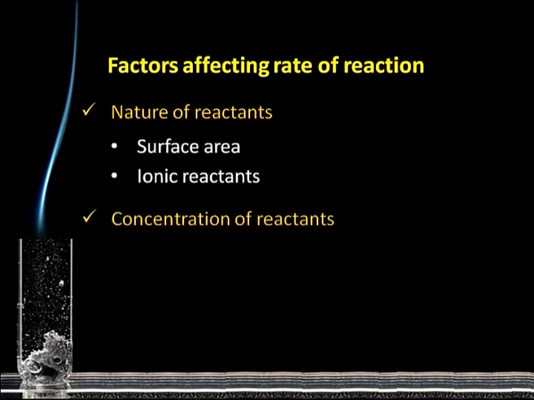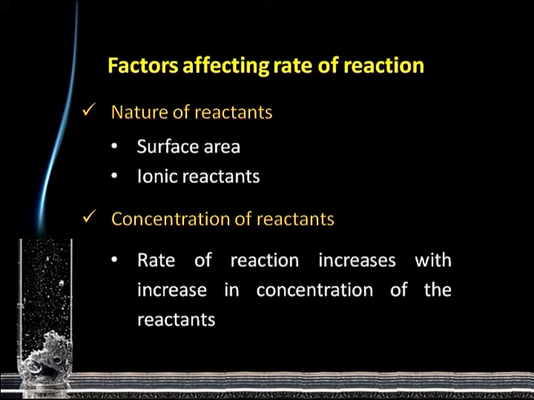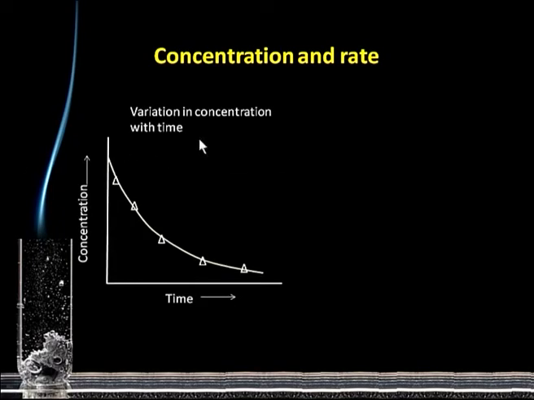Concentration of the reactants. With the increase in concentration, rate of reaction increases, or if the concentration decreases, the rate of reaction decreases. Here we can look at, if you start the reaction, the concentration of the reactant goes down because the reactant is consumed.